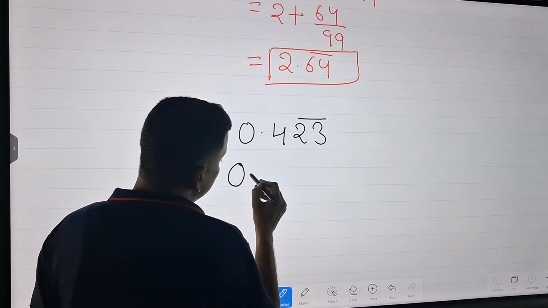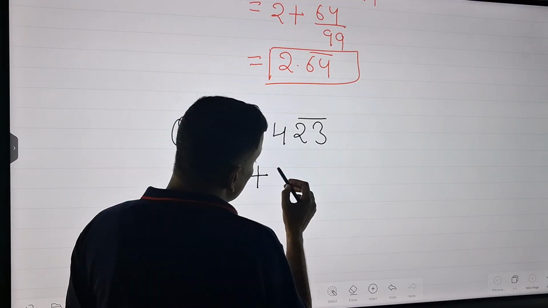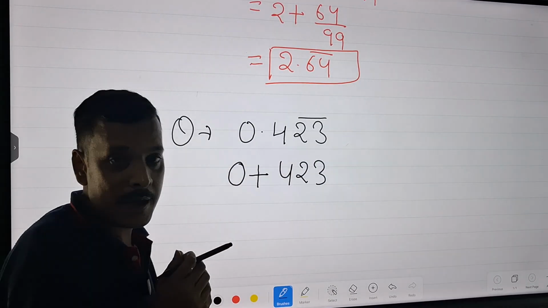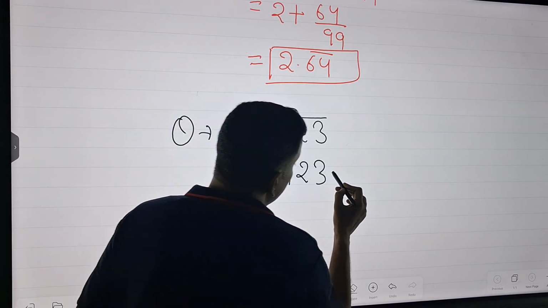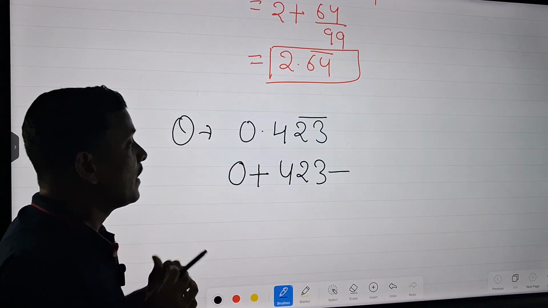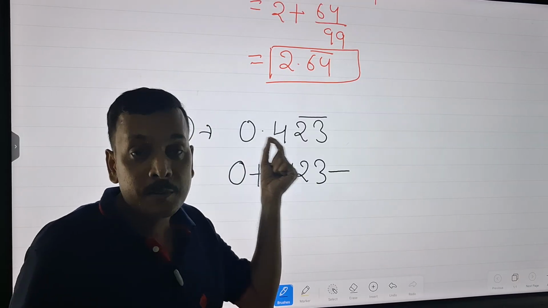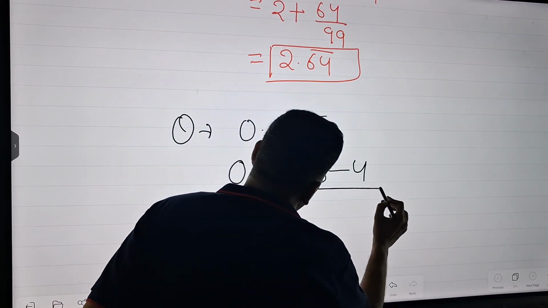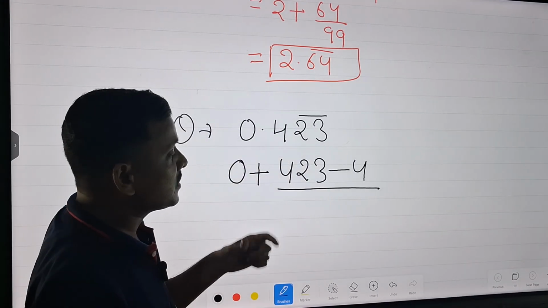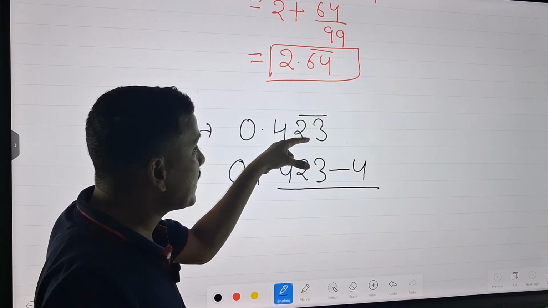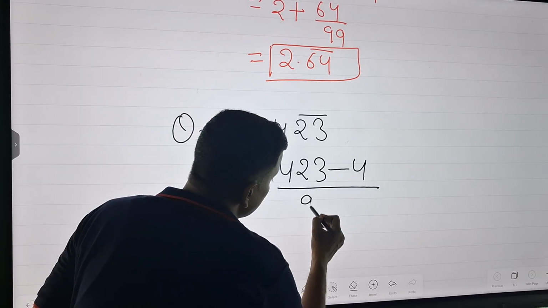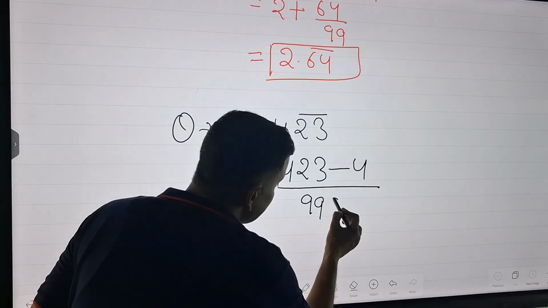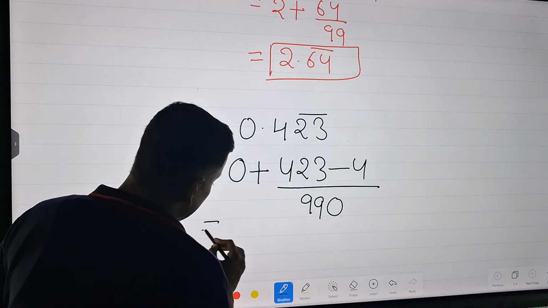You have to write 0 plus. You have to take 423, all the numbers after the decimal together, and you have to subtract from it the non-repeating digit, that is 4. So you have to subtract this 4 and divide by, you always write 9 for the recurring 2 digits, and 0 for the non-repeating digit, that is 4, so 990, and this is the final answer.